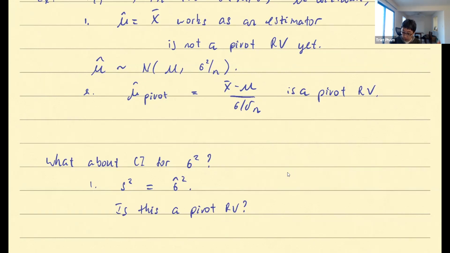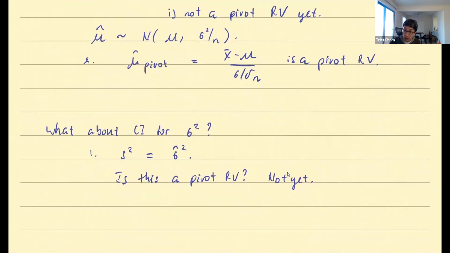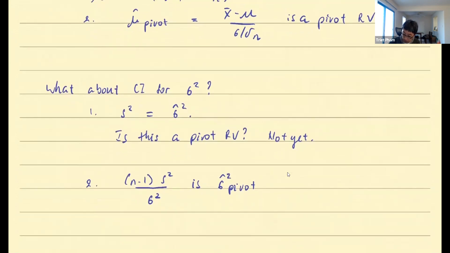We have a distribution for the normalization, right? So the normalization is n minus 1 S square over sigma square. Agreed? And chi-square n minus 1 is free of unknown parameters.